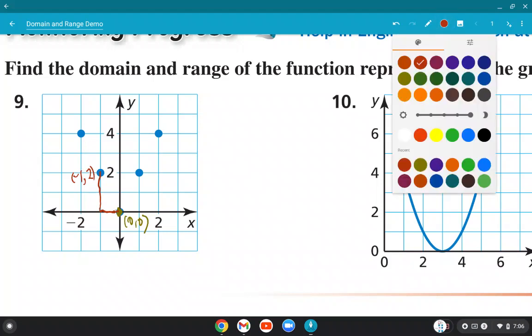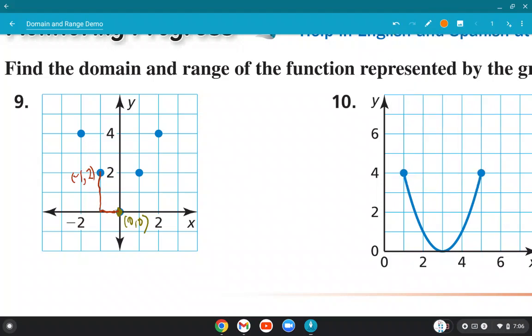Then I'm going to go from here. I'm going left twice and up 4. 1, 2, 3, 4. So this is -2, 4.